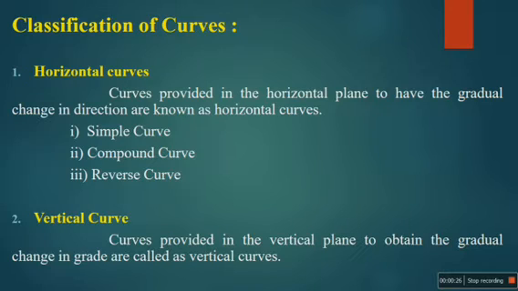In that, there are three main classifications: simple curve, compound curve, and reverse curve. Coming to the second one, vertical curves are curves provided in the vertical plane to obtain a gradual change in the grade.